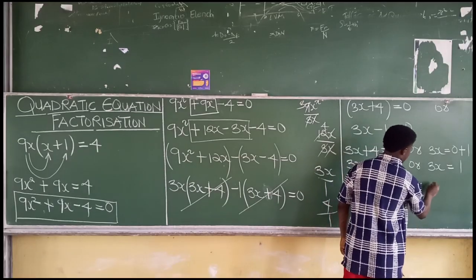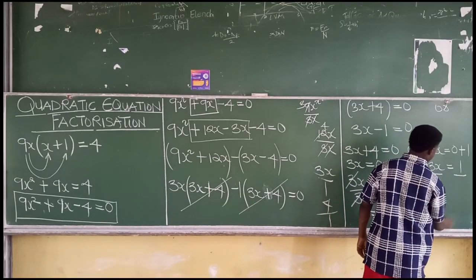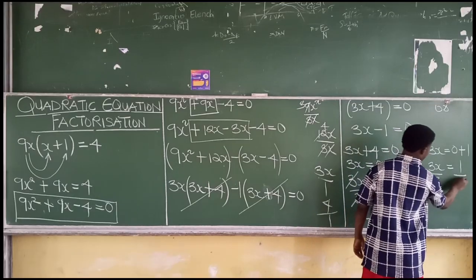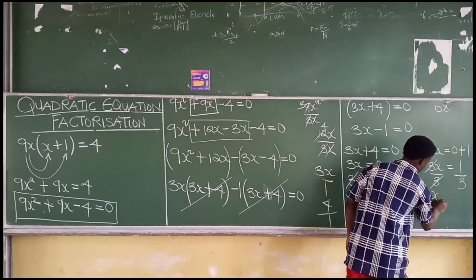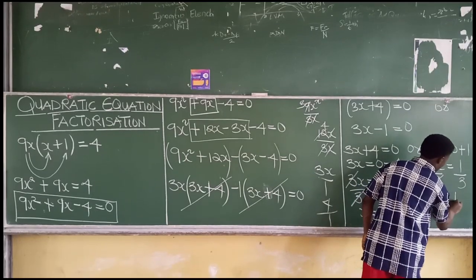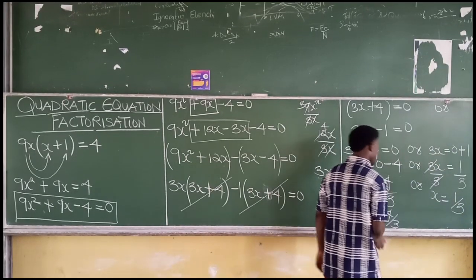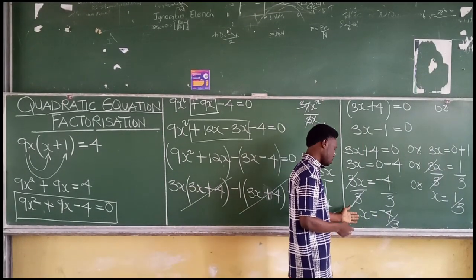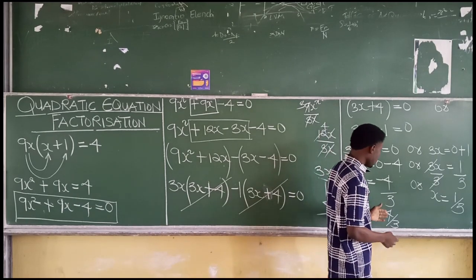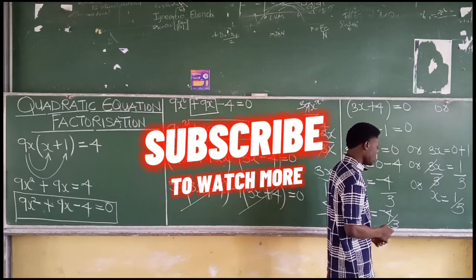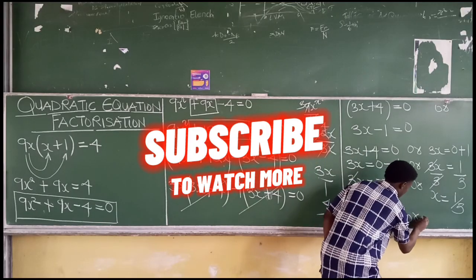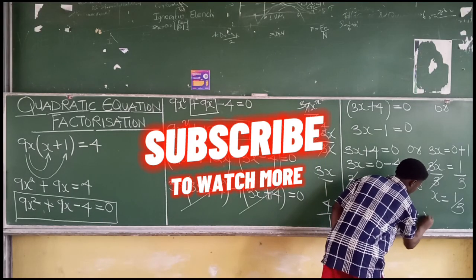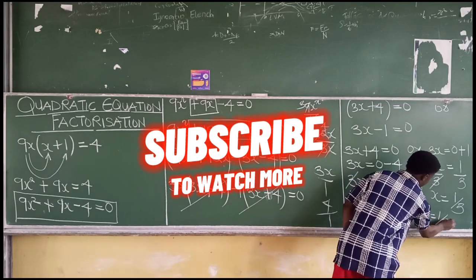Dividing the two sides by the coefficient of x, being 3, 3 cancels 3, we are left with x is equal to 1 over 3. Therefore, the final result: x is either minus 4 over 3 or x is 1 over 3.